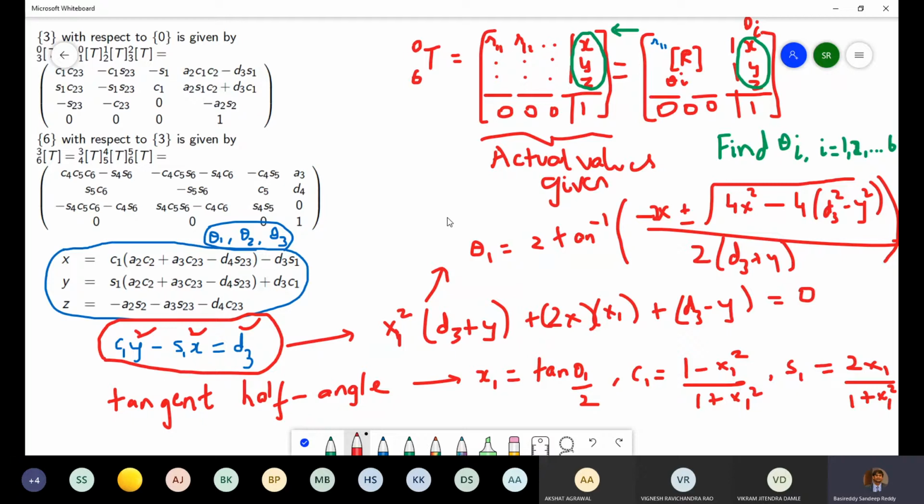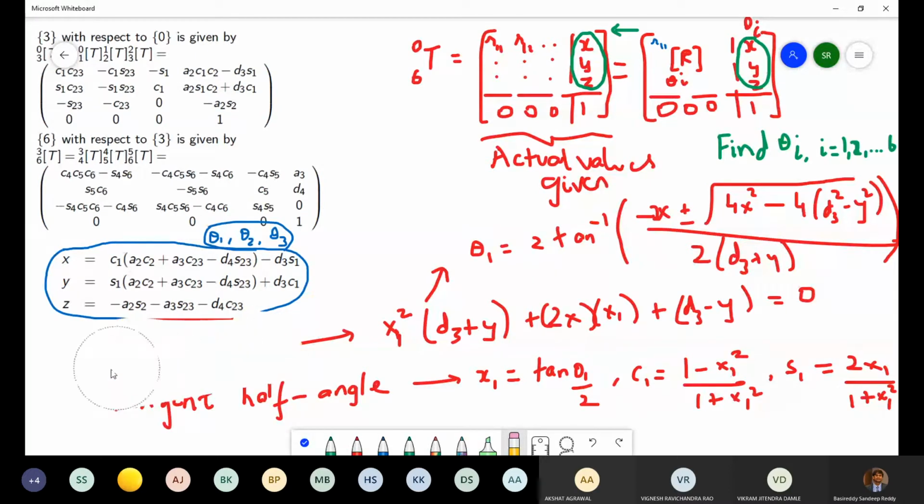What is the next step? Theta 2 and theta 3. Which one can we find first? It is just a bit of mathematics, that's all, and nothing more. I hope all of you have made a note of this.